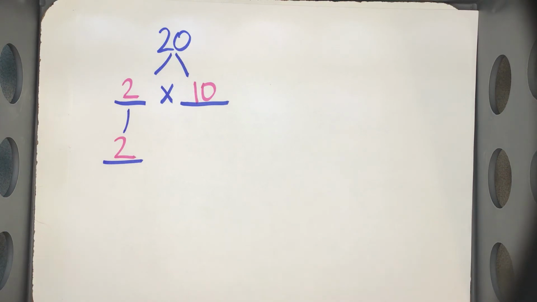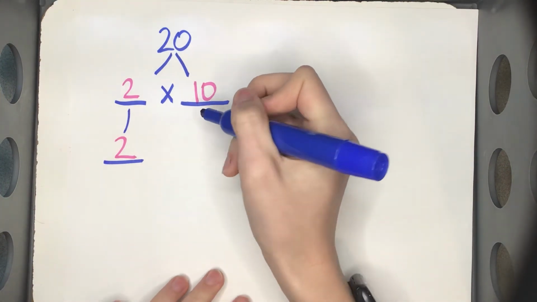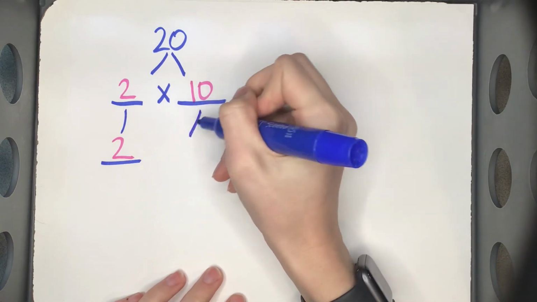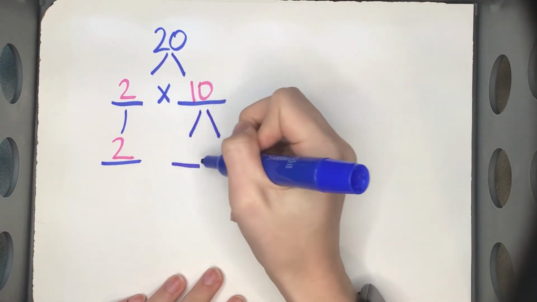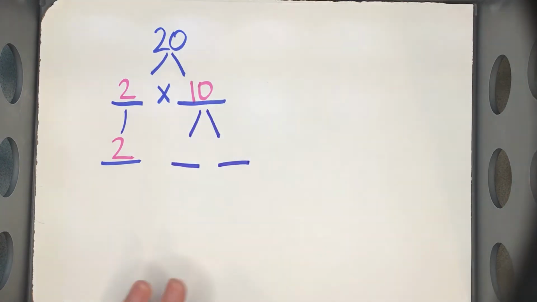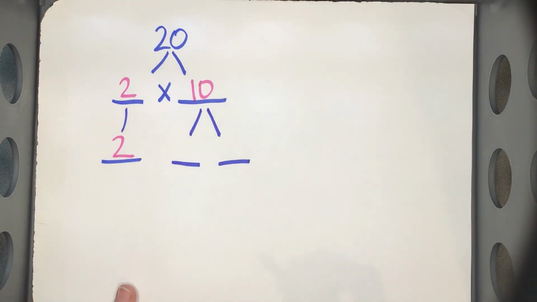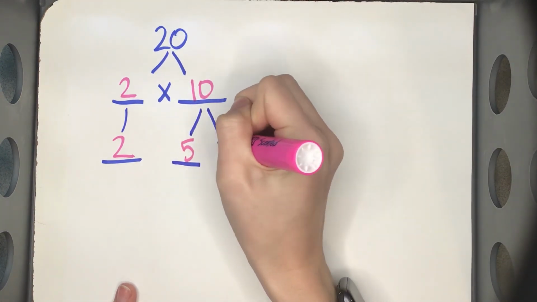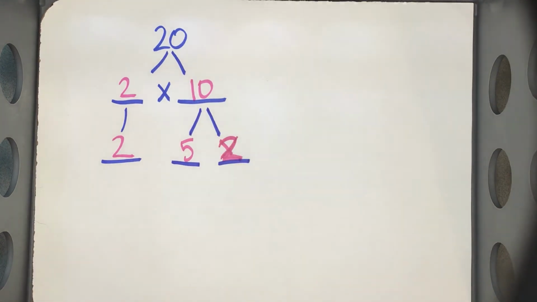What about 10? Can I do more than just 10 times 1? Absolutely. And I'm going to write these numbers down here. I know that I can do 10 times 1, and I can do 5 times 2.